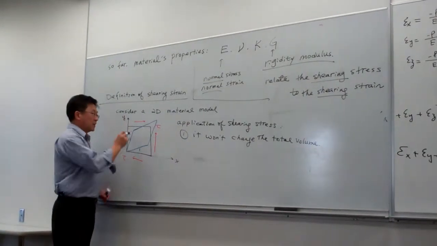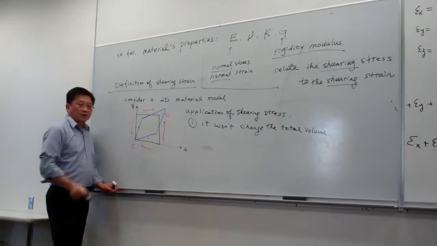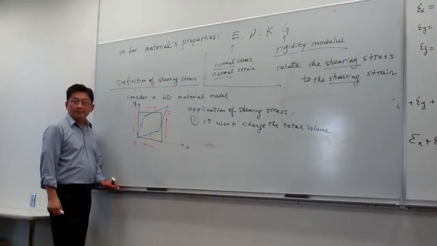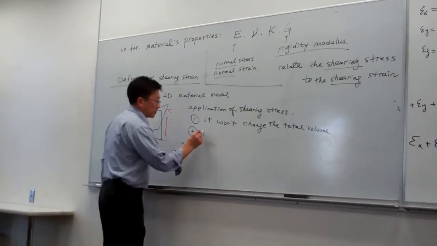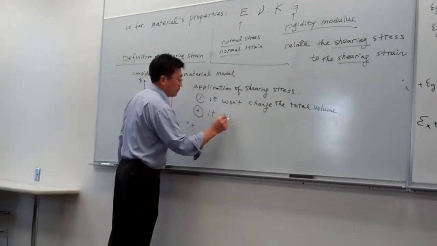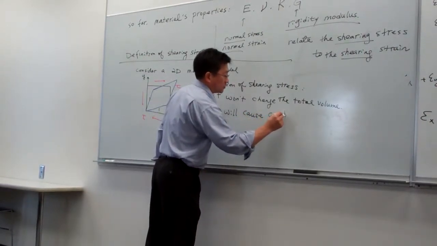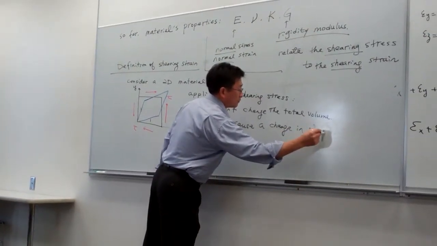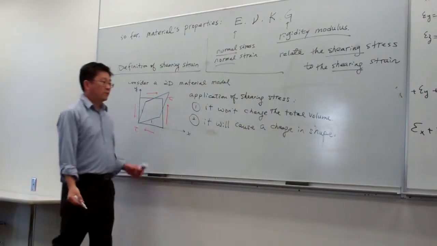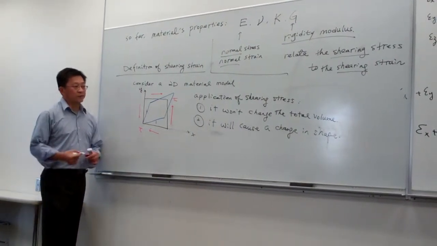So that means the area of the rhombus will be equal to the original square, which is equal to 1. Okay. The second one, it will cause a change in shape, and the shape for this particular model is from square to rhombus.